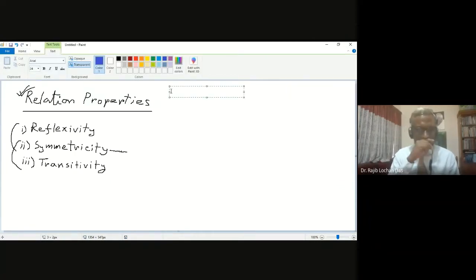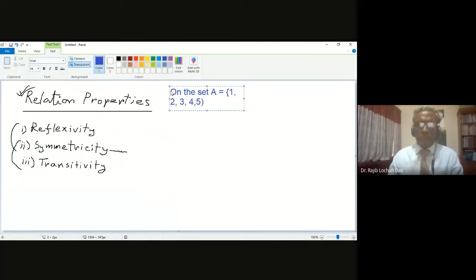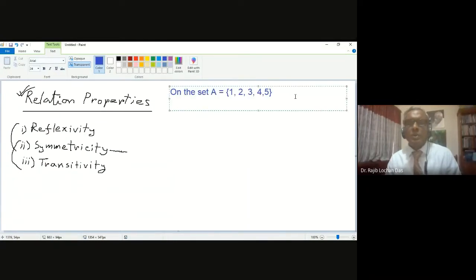Say, on the set A equal to {1, 2, 3, 4, 5}. Just one set is given here, and it is 1, 2, 3, 4, 5.